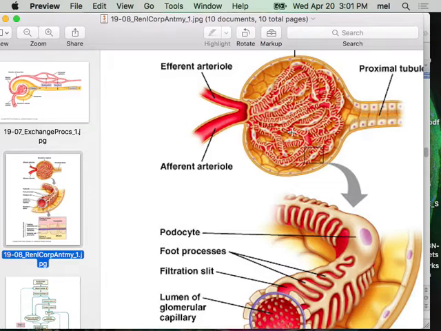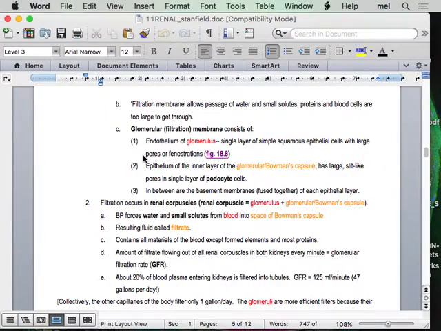What does it do to the pressure and therefore the filtration in the glomerulus? Yeah, it increases pressure and filtration, right? So those 3 little tweaks, right? Surface area, porosity, and increased pressure means that these are amazingly effective at filtration, okay? 47 gallons per day.